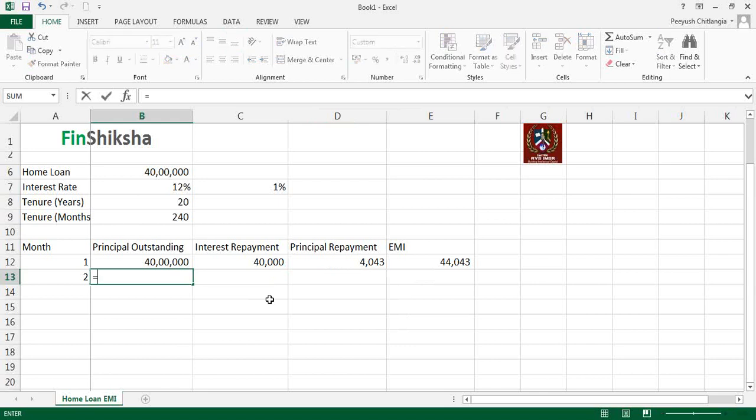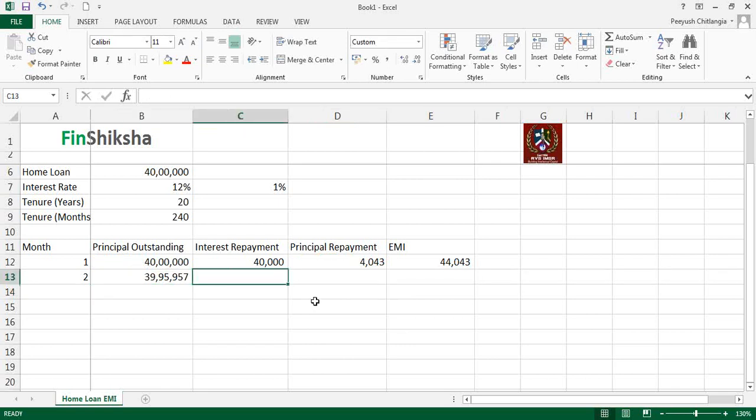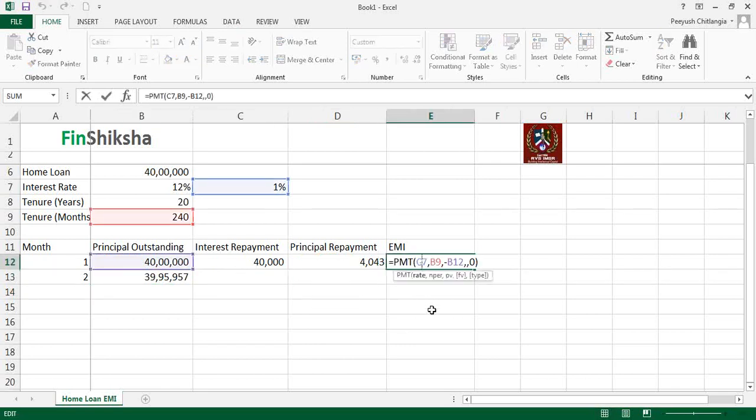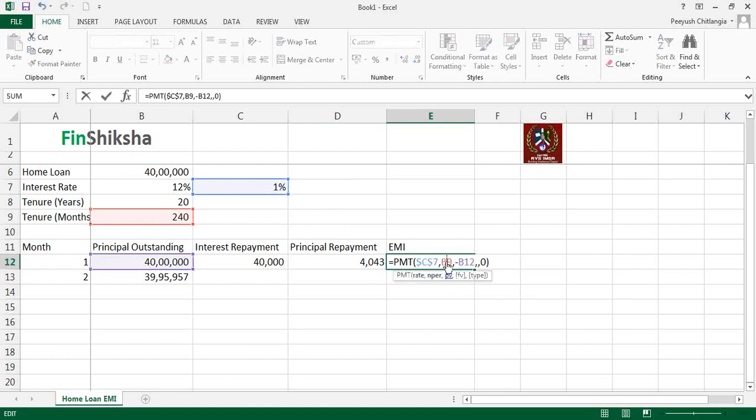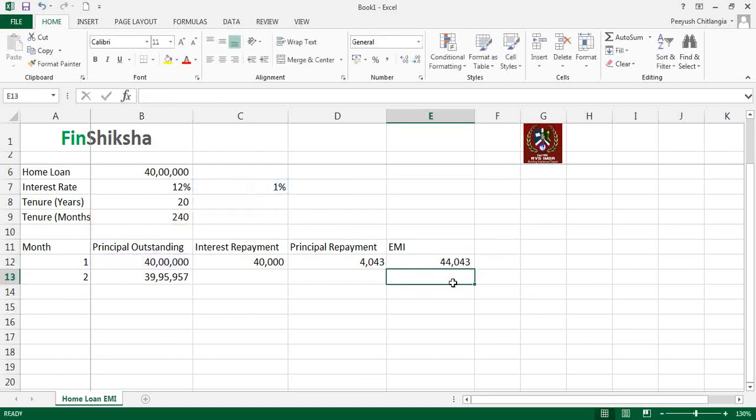What does that do to principal outstanding after the second month? 40 lakhs minus 4,000, right? In this particular case, we have to freeze certain line items. So we have to freeze the rate, we have to freeze the tenure. Minus B12 is not going to be frozen because that is the new principal we want, right? So we will freeze the rate, we will freeze the tenure and press enter.